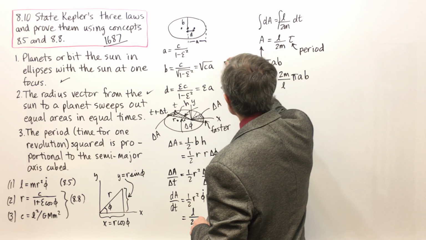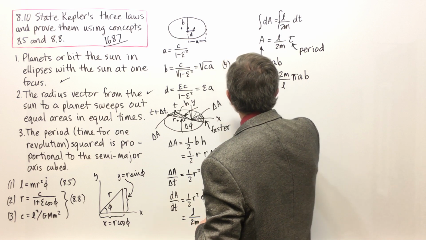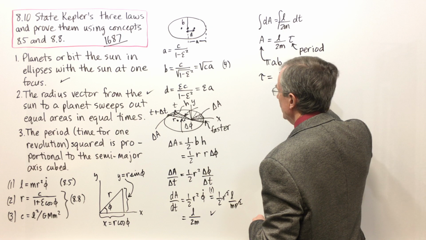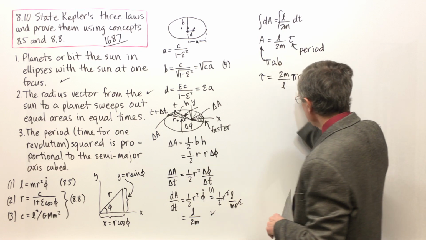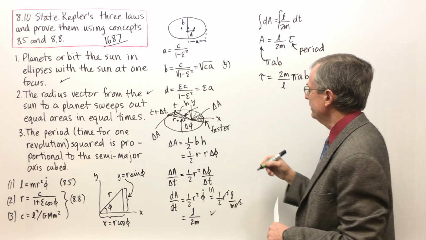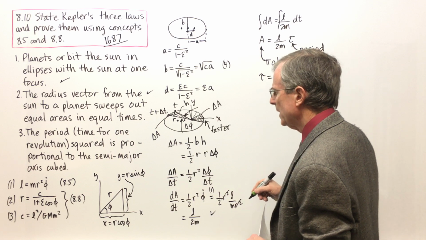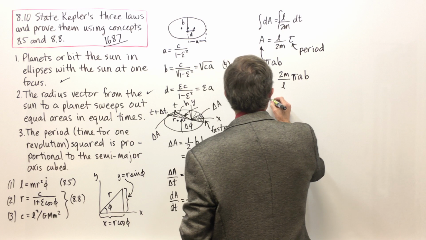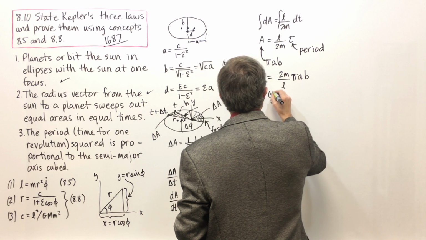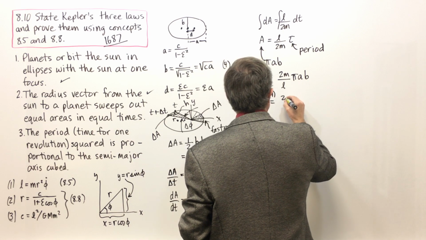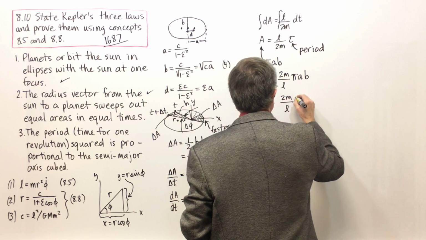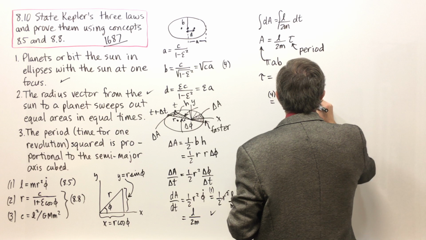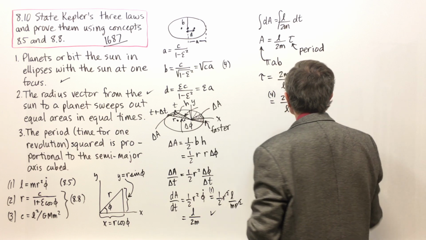Let me call this equation 4. And plug that in for B, square root of C times A. I'd like all these expressed in terms of A. And then I'm also going to use equation 3. But let me substitute equation 4 in first. So we put equation 4 in. We got 2m over L pi times A times B, which is the square root of C times A.